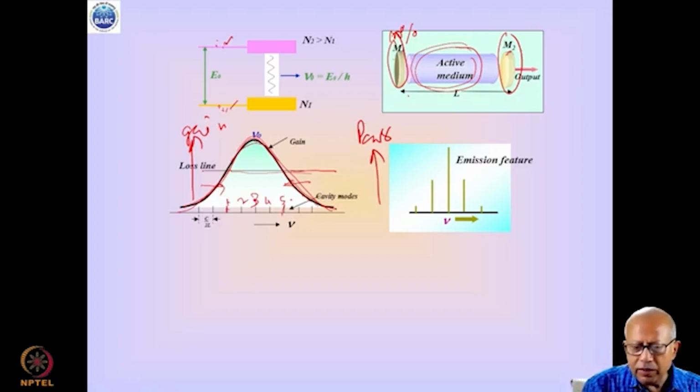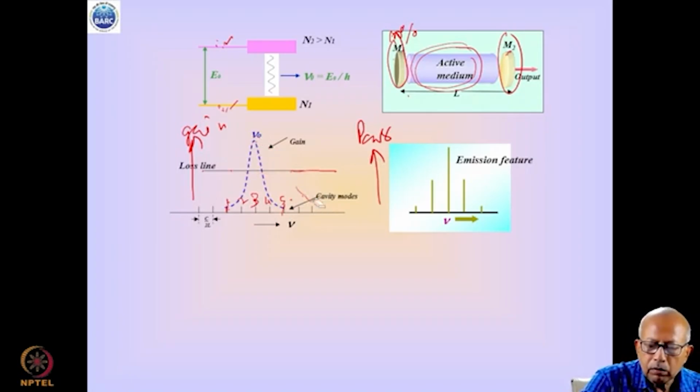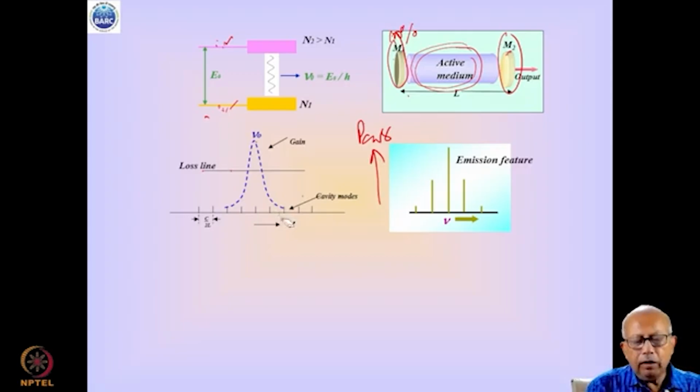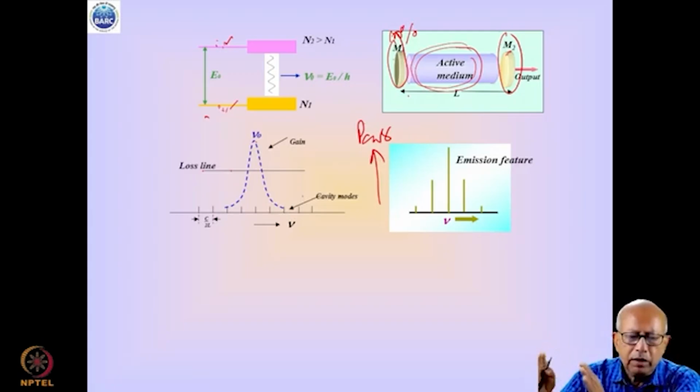For example, you see, let us assume somehow we have reduced the broadening of the gain. So how can you reduce it? You increase the lifetime of this level. If you increase the lifetime, then the broadening will reduce. Heisenberg's uncertainty principle. How we have reduced the lifetime will come in a while.